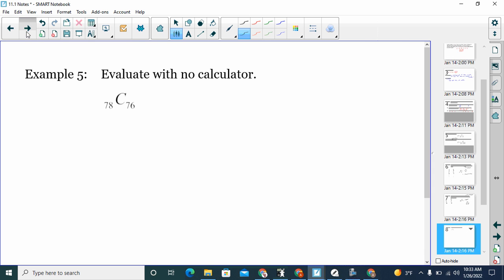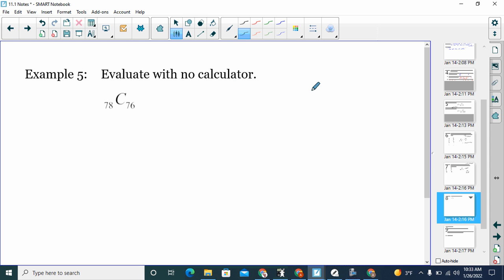Occasionally, you may have to do one of these without a calculator. This one asks us to evaluate the combination of 78, choose 76 with no calculator. Using the formula, we've got 78 factorial divided by 78 minus 76, which is 2 factorial. And then 76 factorial also on the bottom.